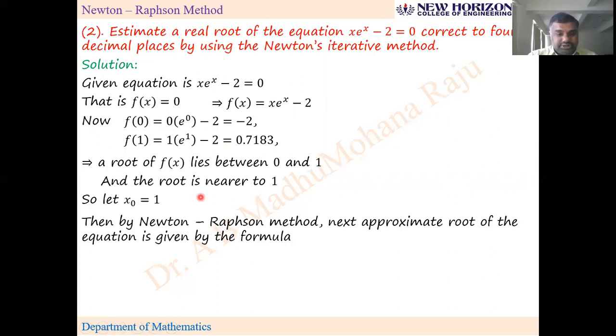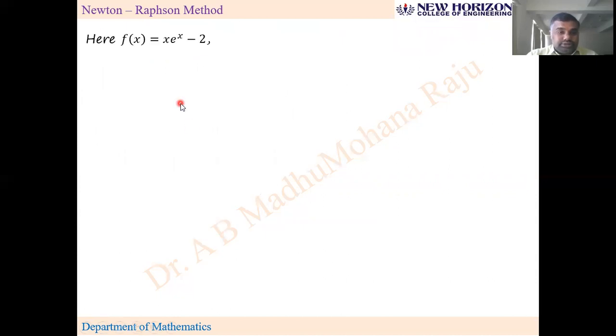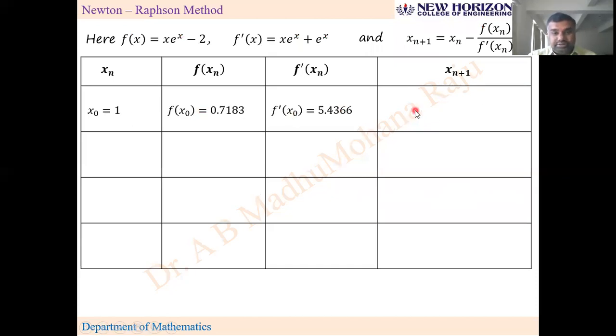Then by the Newton-Raphson method, list out the formula and proceed in tabular form for the remaining procedure. List out f of x and f dash of x, and the x n plus 1 formula. Take the table: first x n column, f of x n column, f dash of x n column, and x n plus 1 column. We took x naught as 1, and f of x naught, f dash of x naught, and x1 by using this.